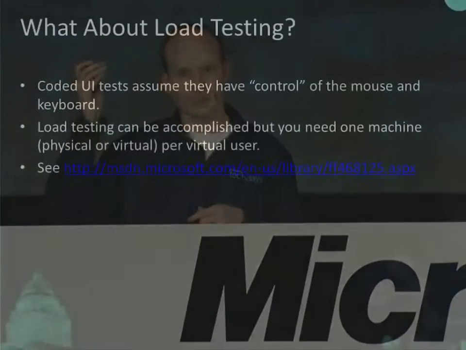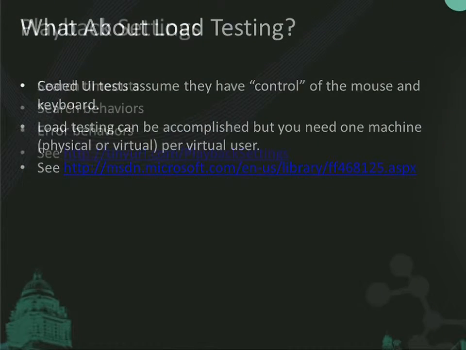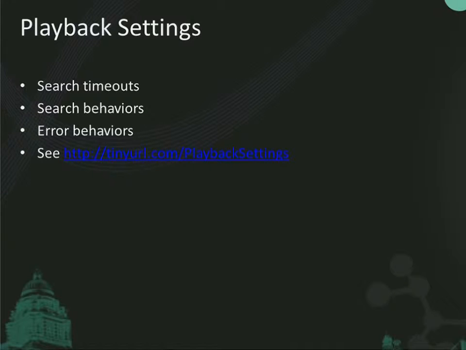You then install what are called test agents on each one of those boxes. And then those test agents are responsible for orchestrating with the test controller, which sends them the tests and then collects the results of those tests. So it's possible, it can be done, but it's not as easy as saying this machine's going to generate 1,000 user load and you go home for the night.